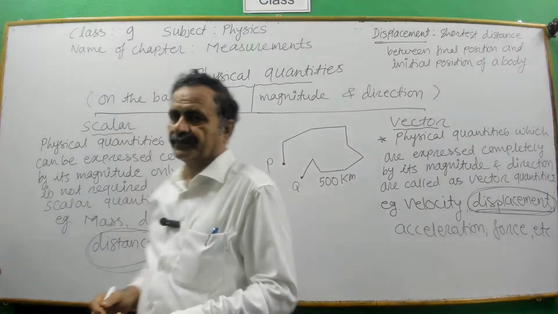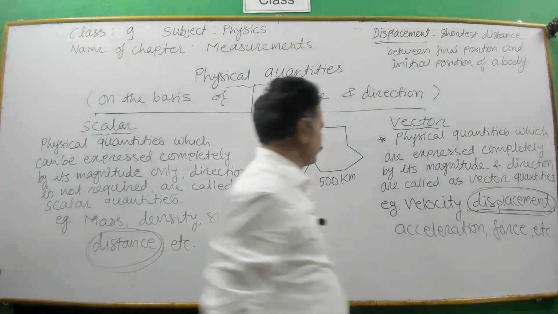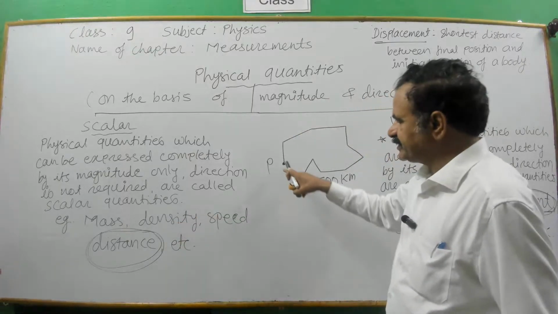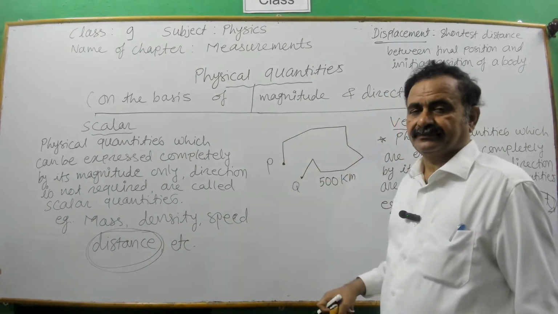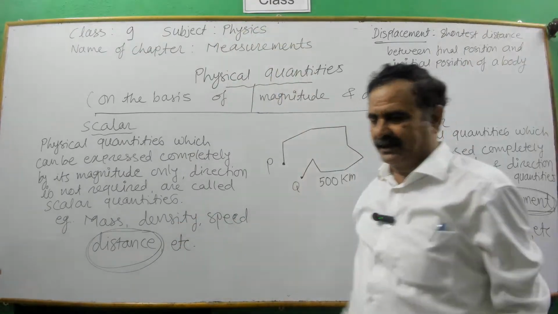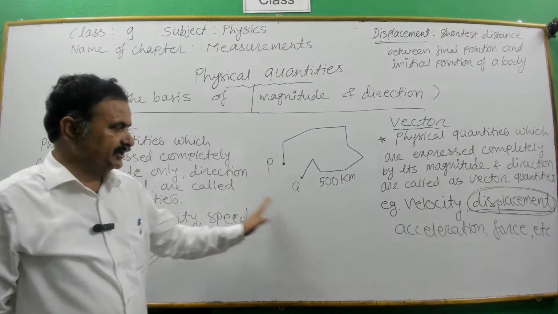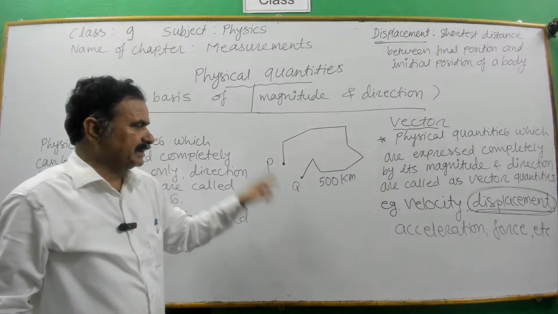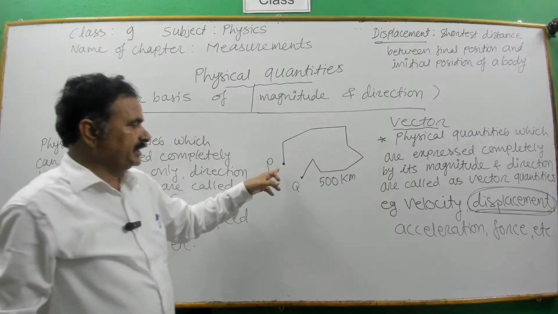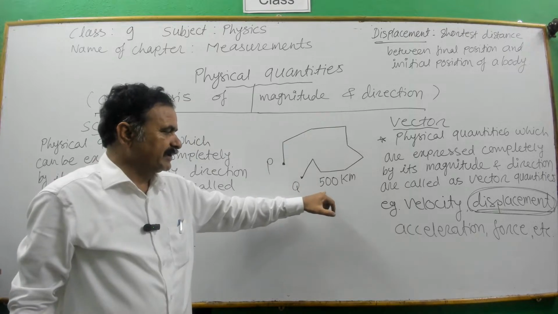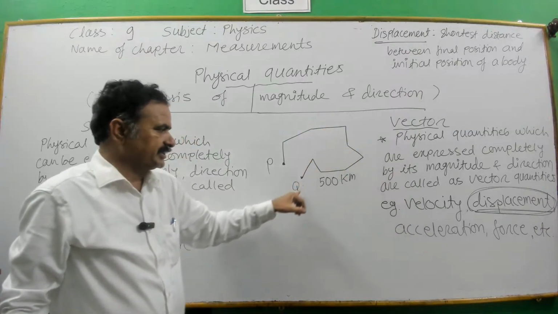Clear? See here. What is distance? Distance means total path traveled by a body. फिर वो कौन से भी डायरेक्शन में चला जाए, एनी डायरेक्शन में, नो नीड ऑफ डायरेक्शन डिस्टेंस के लिए, किधर भी चला जाए, एक्चुअल पाथ ट्रेवल. Now in this condition, I travel 500 kilometers like this in this direction.